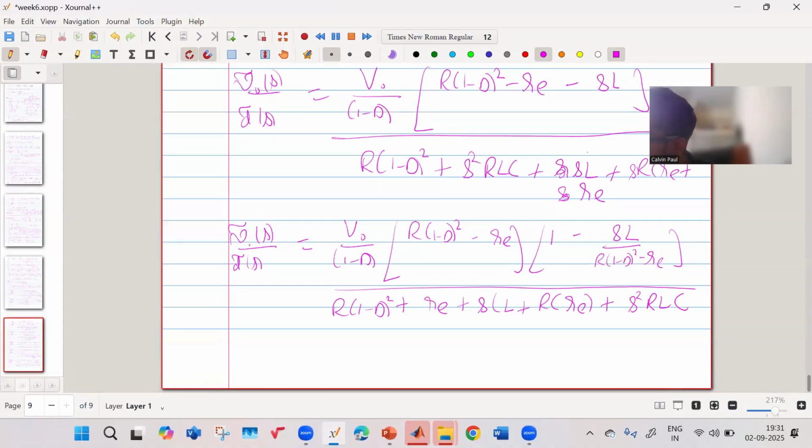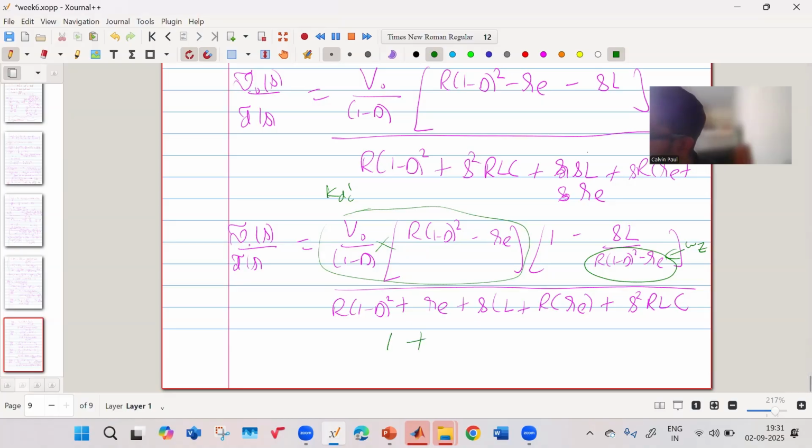So now, this is your omega Z, right? And this is kind of like your KDC. This is your KDC dash. You have to simplify this, that you have to divide by R into (1 minus D) square plus RE in the denominator, and then you will get your KDC.